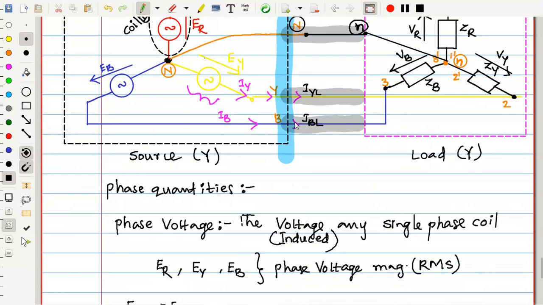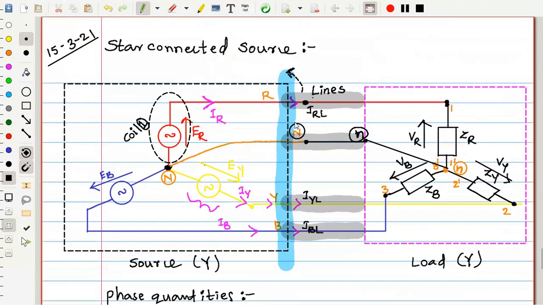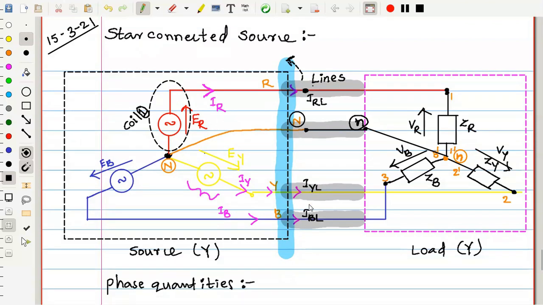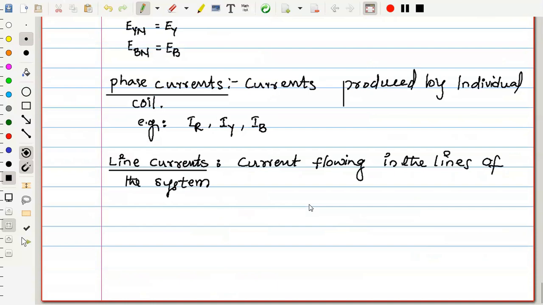And here in the case of the star connected configuration, there is a default advantage that the current flowing internally is the same as the current flowing through the line. That is the advantage. This is a very important observation. So the line current IRL is equal to the phase current IR. Similarly, the line current IYL is equal to the phase current IY.